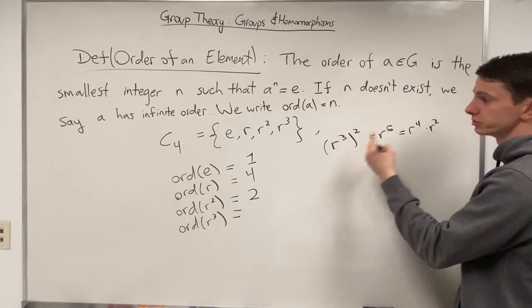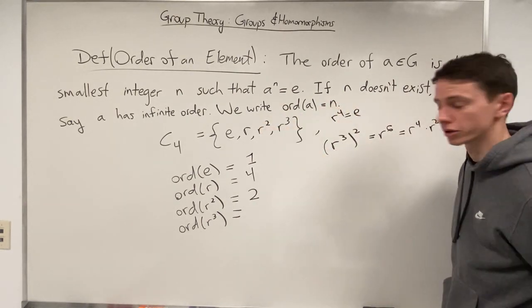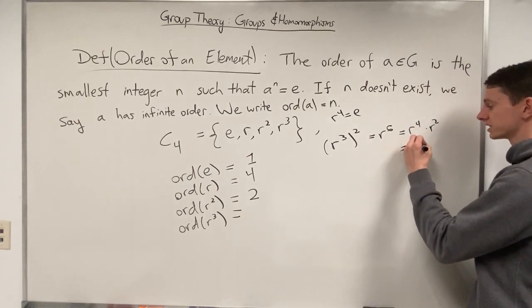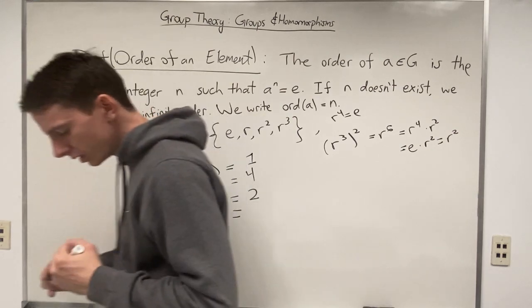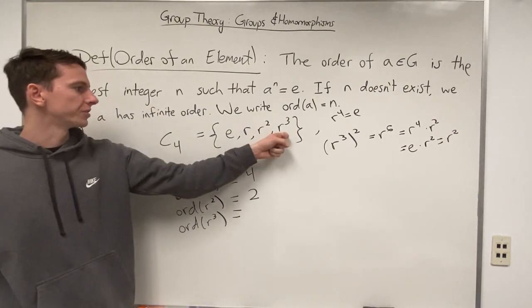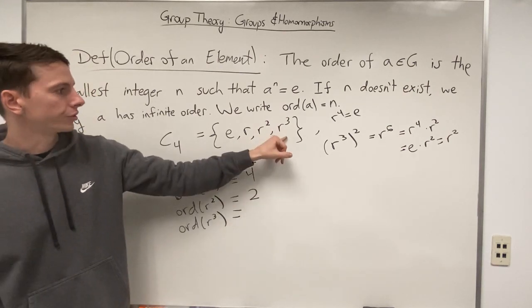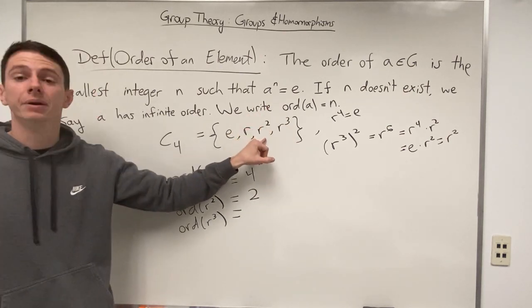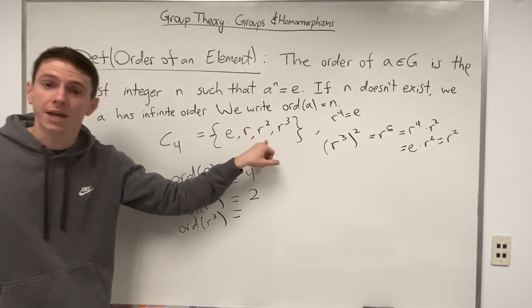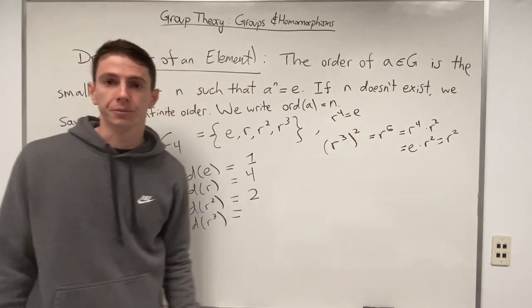R to the 4th, we said was the identity. That's a property of the cyclic group C sub 4. So this is just E times R squared, or gets us back to R squared. So what I'm trying to say is that if we took this element and applied the binary operation R cubed times R cubed, that would actually get us back to this element, R squared, which is not the identity. So the order of R cubed can't be 2.